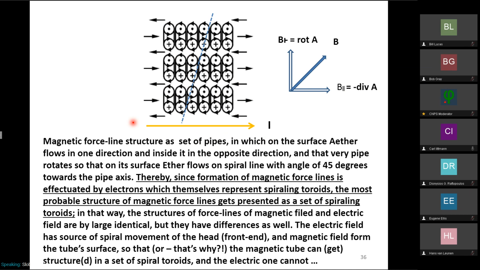We don't have current as flow of electrons inside the conductor, but the flow of induced ether flows outside of the conductor, and those being two-directional.